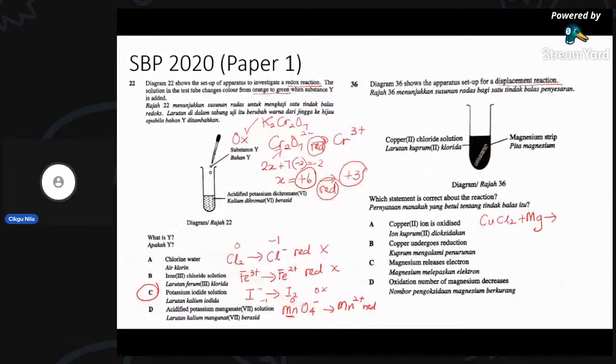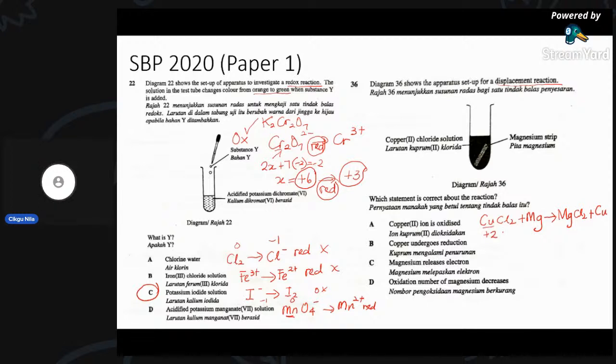Magnesium is not happy in the form of solid, so it will form ions, and copper will form a solid metal, because copper is less reactive. So look at A. Copper ion is oxidized. If you see over here, copper is positive 2, and over here, copper is 0.